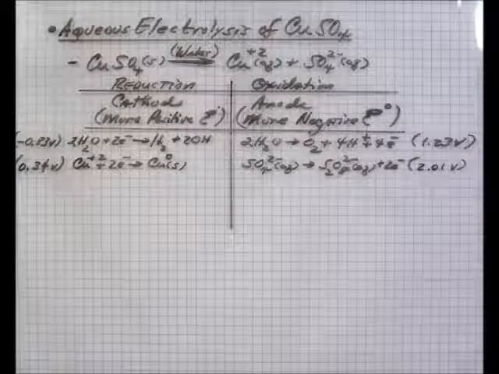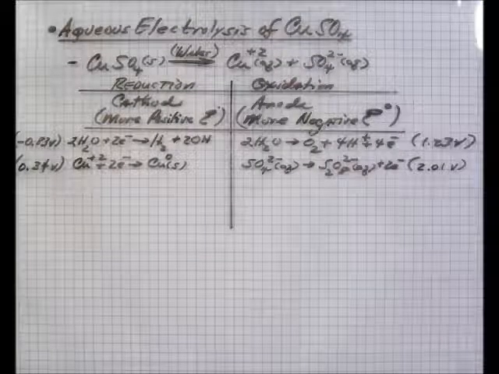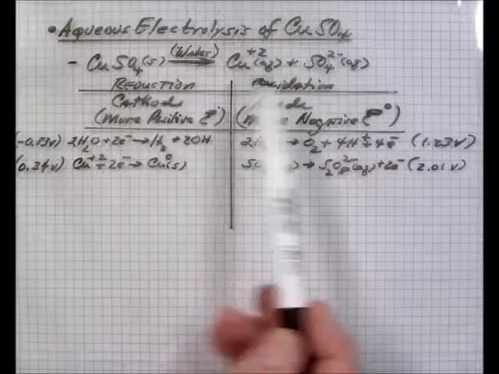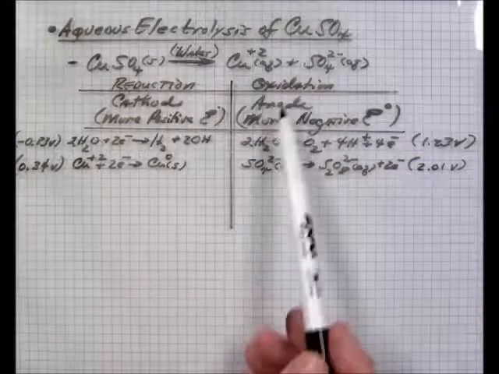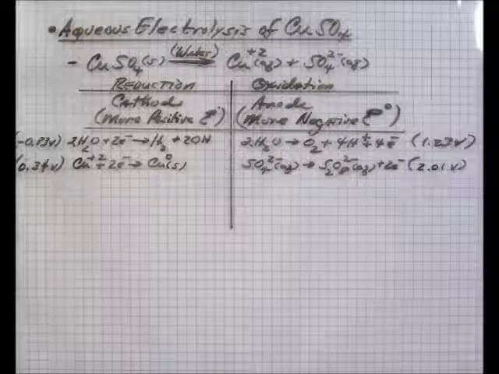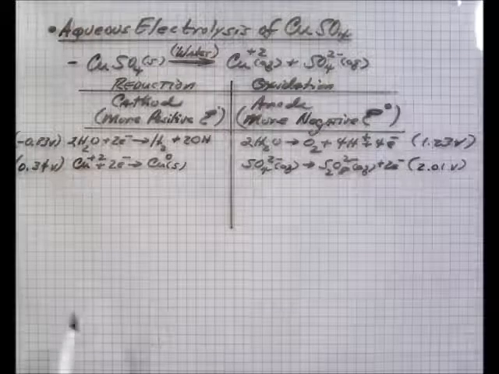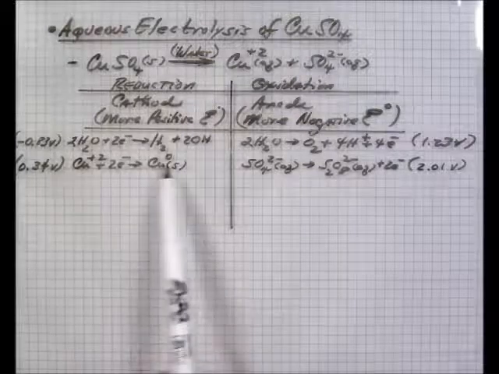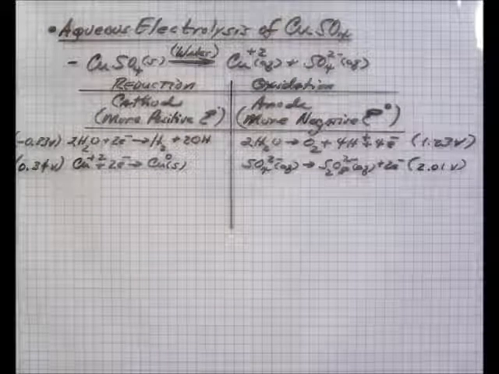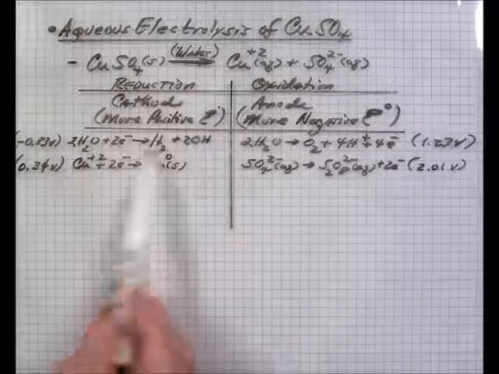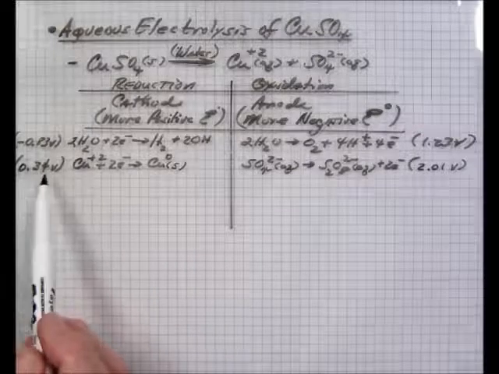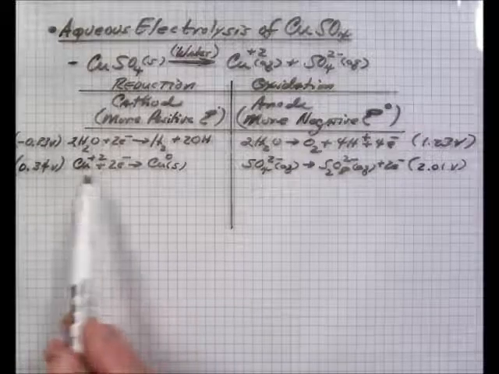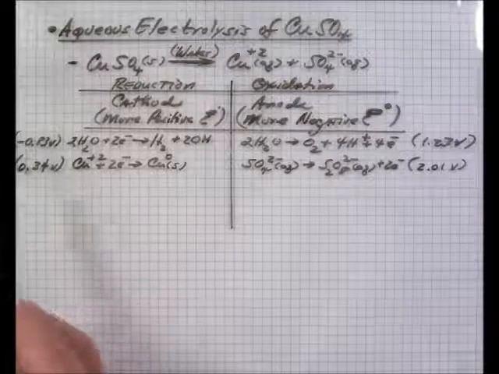So we take each one, we build a T-table again for reduction and oxidation, and put your reminders here to help you remember what is going on. The cathode, and we're looking for the more positive reduction potential, and so that would mean the copper would dominate in this one.